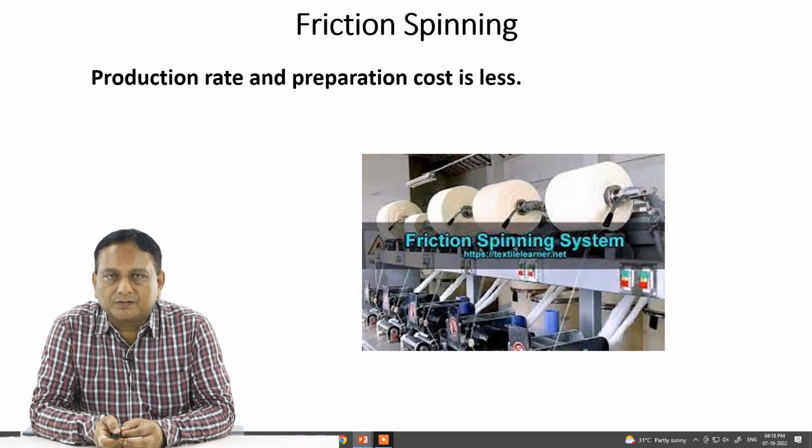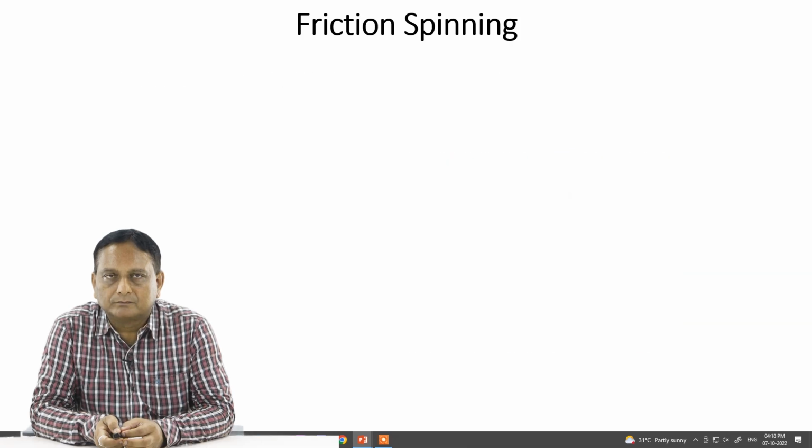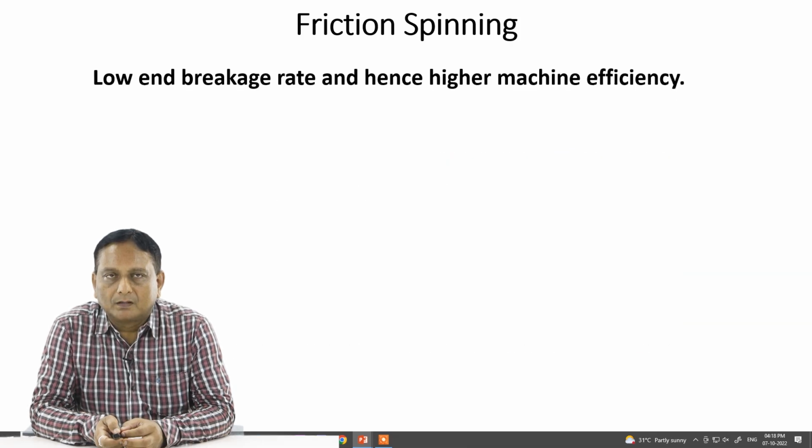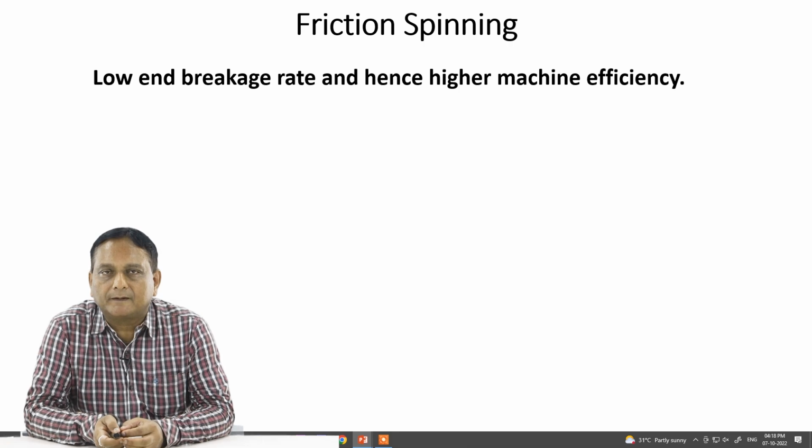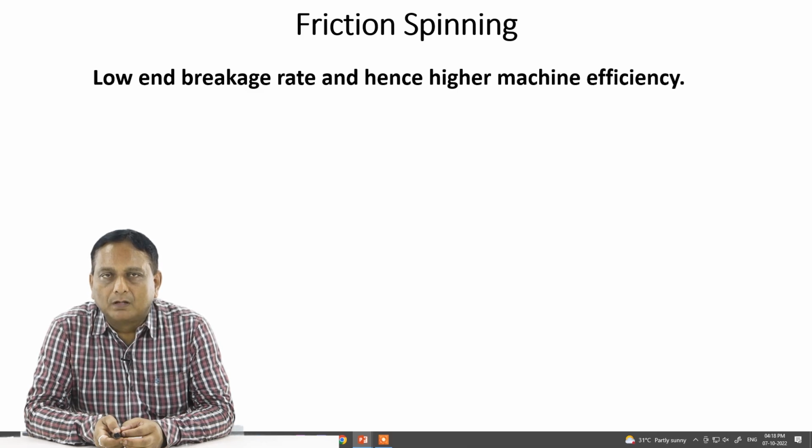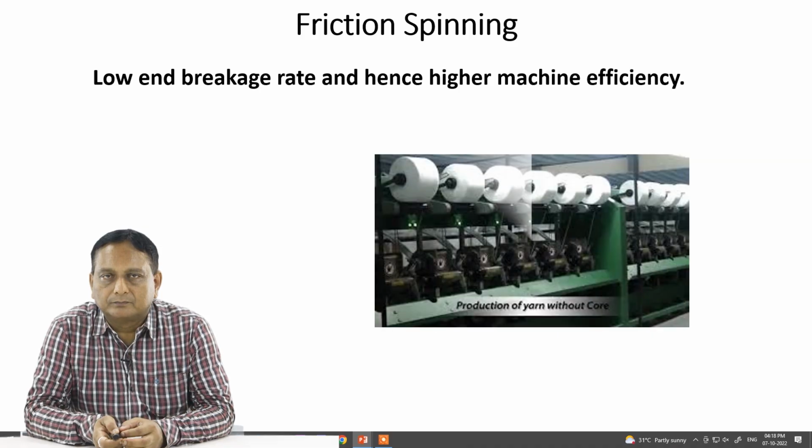This is also one of the systems shown here, the friction spinning system. Low end breakage rate and higher machine efficiency. This is quite obvious if breakage of the yarn is not there while it is running. So downtime of the machines will not be there, and breakages of the yarn will not be there. So definitely higher machine efficiency will be reached.